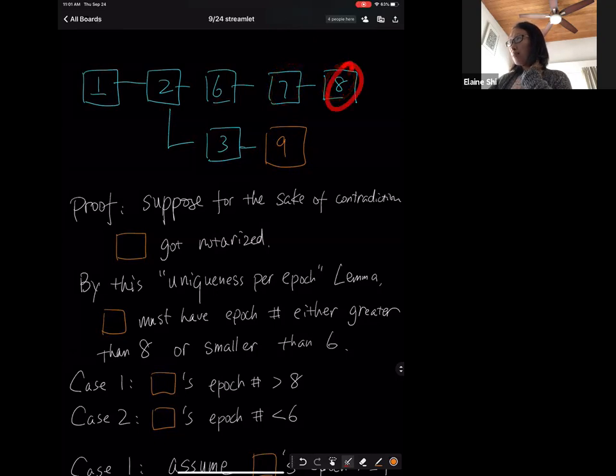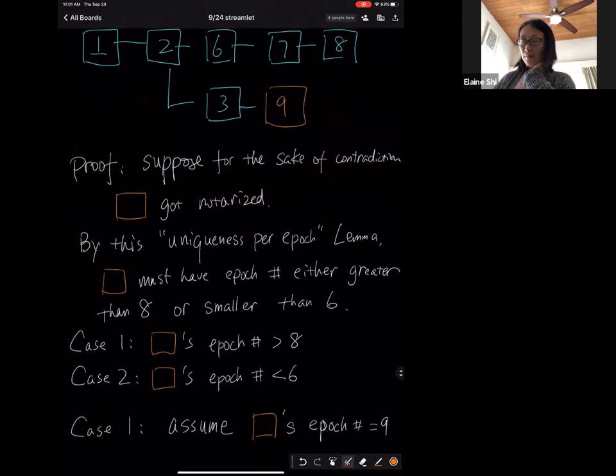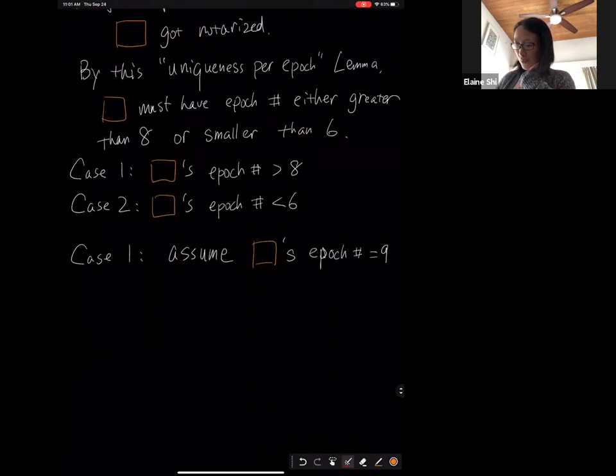Okay, let me do it step by step. And for convenience, I will draw the picture again so you can see it and the proof at the same time.